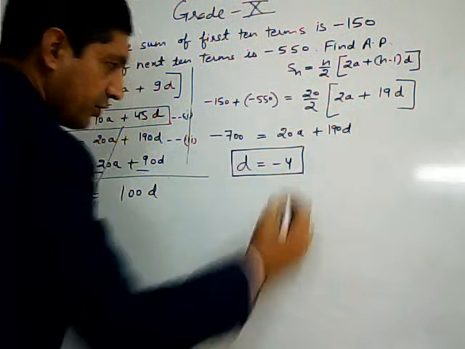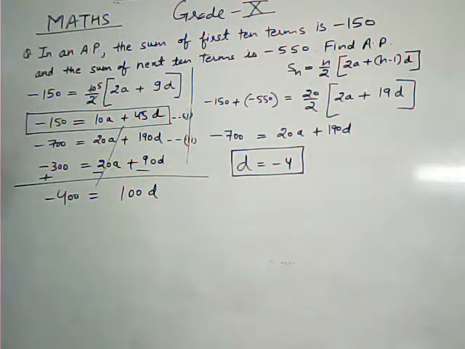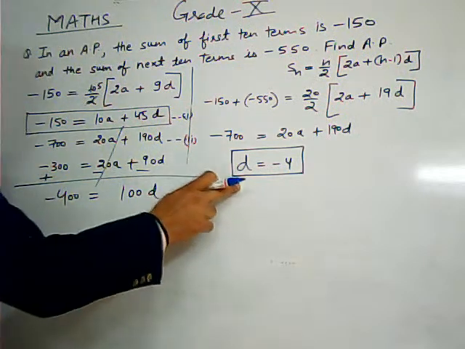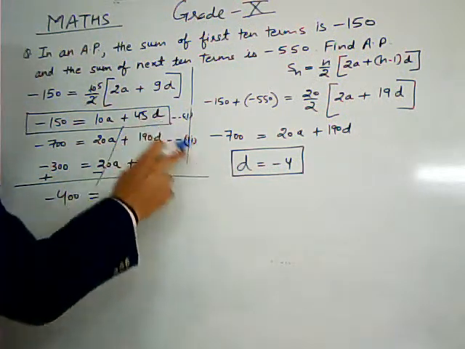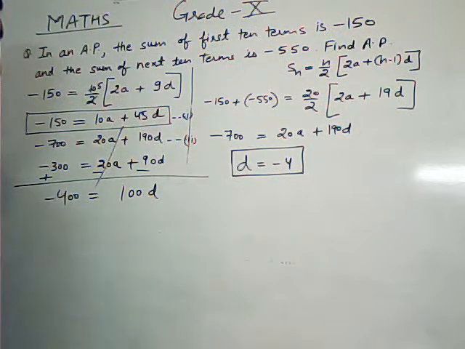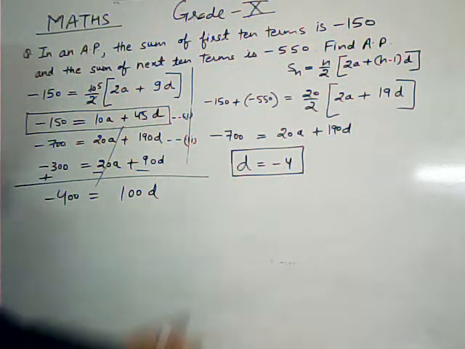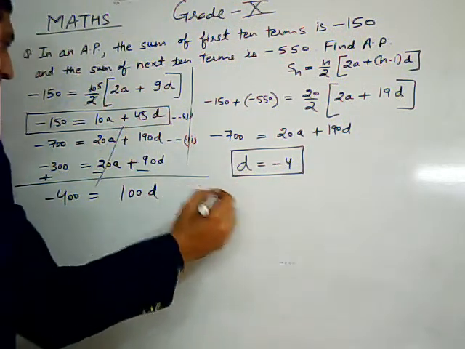But we are interested in finding the AP. So to find the AP, we substitute the value of d in equation 1. d is minus 4, and we are interested in finding a.